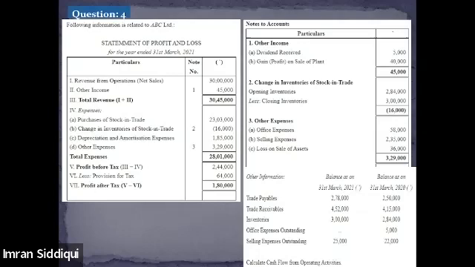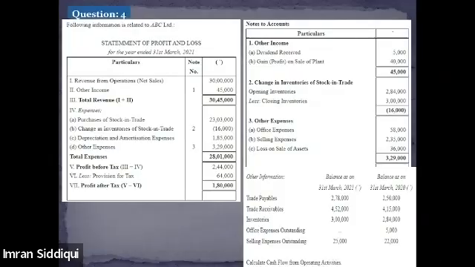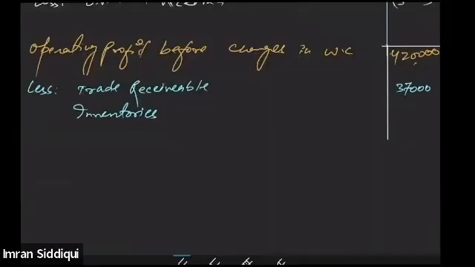So there is an increase in the trade payable. And what about the inventory? It goes from 2,84,000 to 3 lakh. So there is an increase in the value of the inventory as well. That is 16,000.